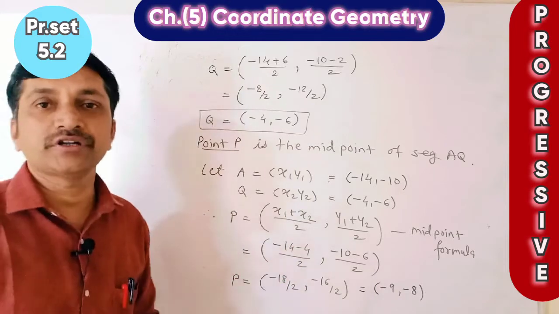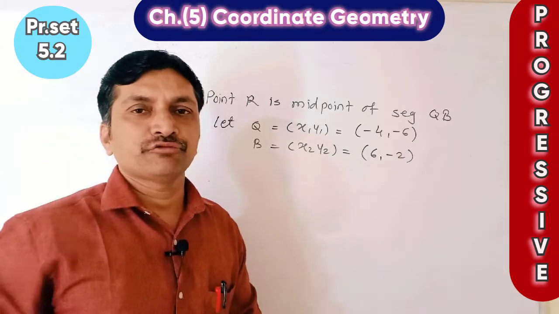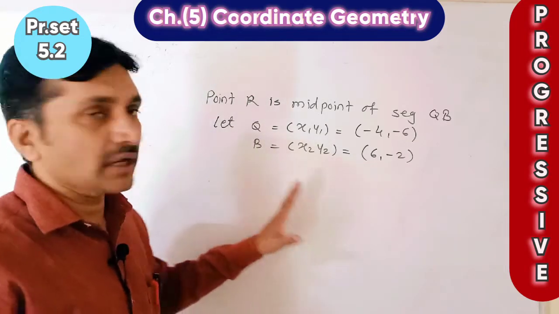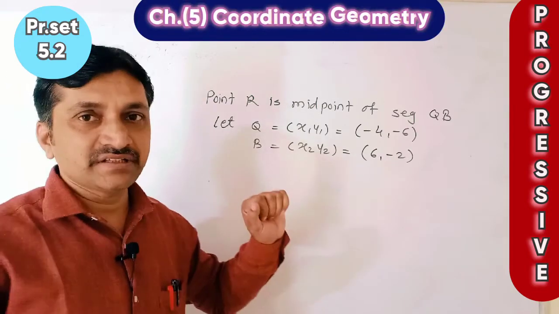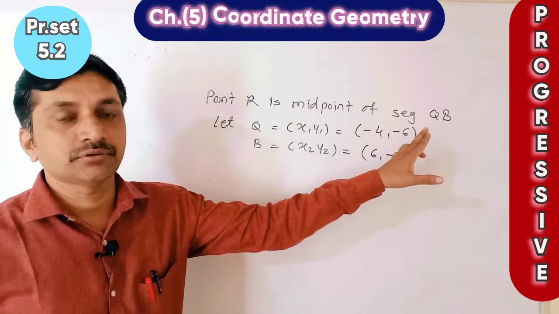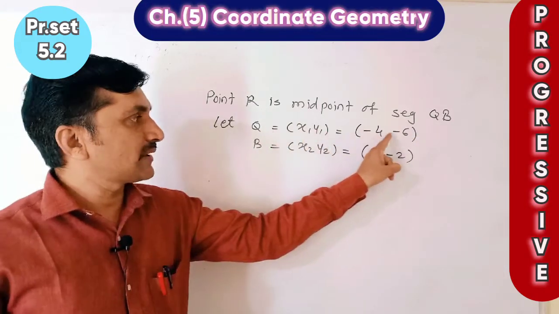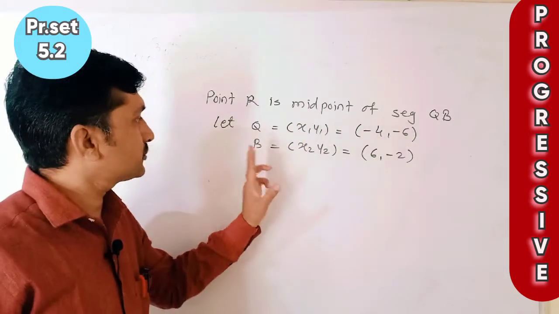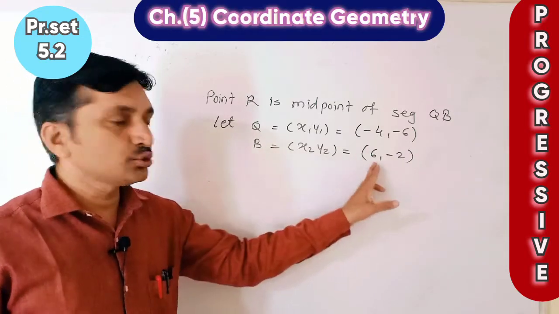Now point R. We got the coordinates of points P and Q. Now point R is left, and if you see the figure, R is the midpoint of QB. Q is (x1, y1) = (-4, -6), these are the coordinates we got. B is already given, (x2, y2) = (6, -2).